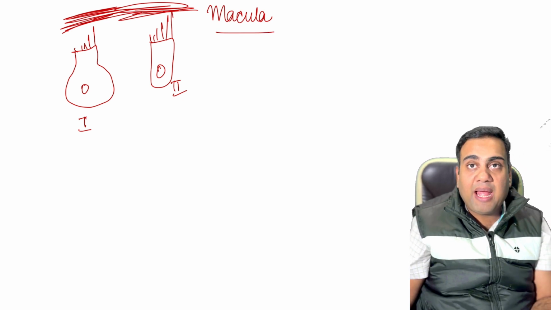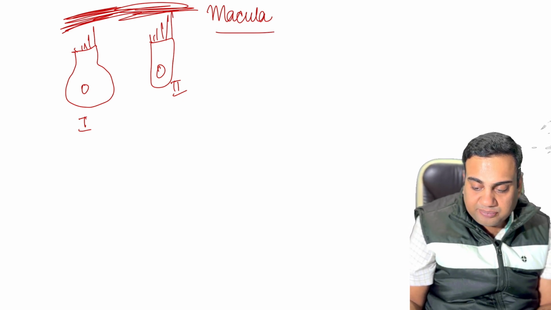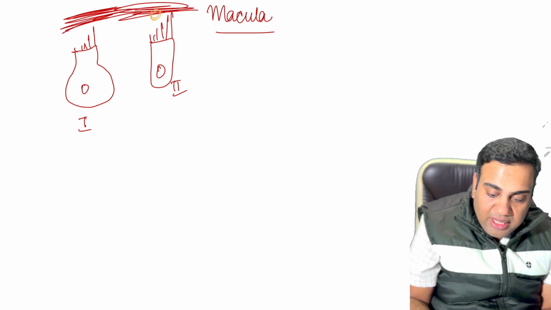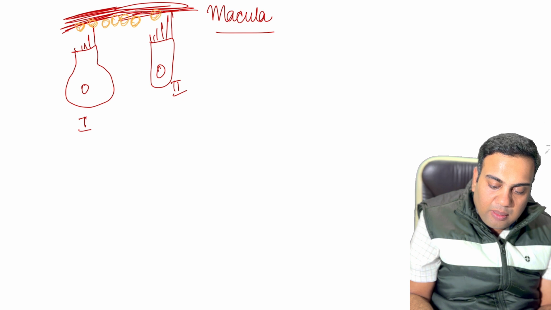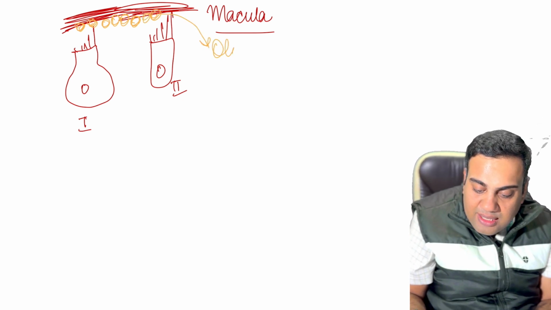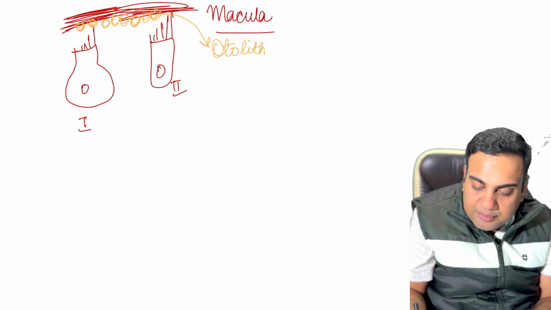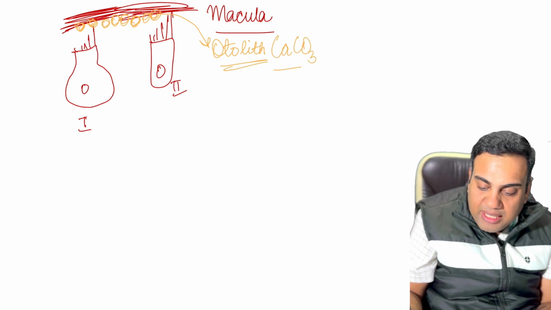And this particular part contains some calcium carbonate crystals, some stone like structures, very hard, जैसे पत्थर हों. And this is called as otolith. This is made up of calcium carbonate.